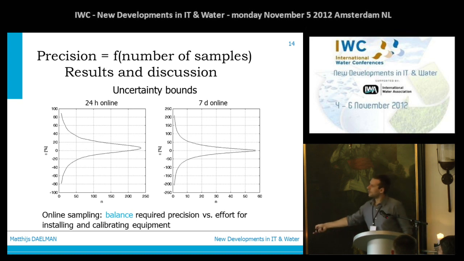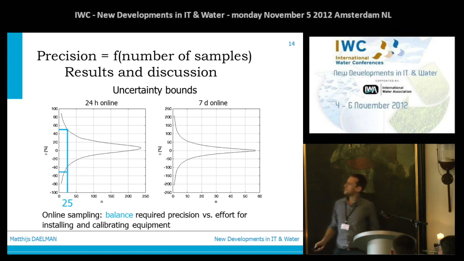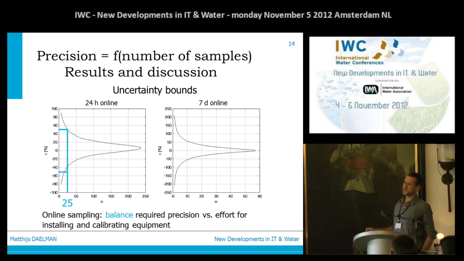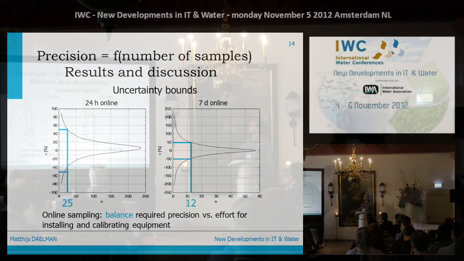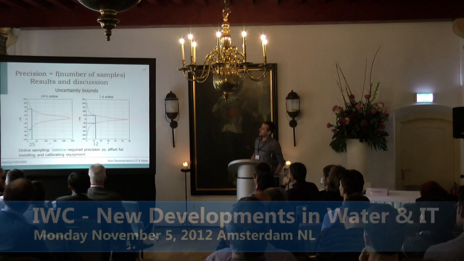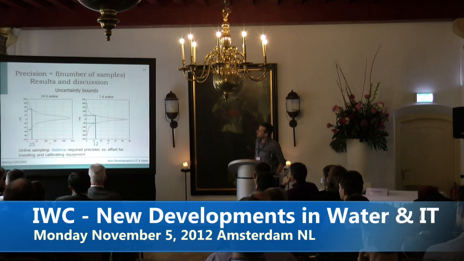And if you want to obtain a relative error that's, in 95% of the cases, less than 50%, then you have to go out and use 25 days of online sampling. If you want to have this for the 7-day online period, then you need in fact 12 weeks spread randomly over the year to obtain an error of 50% in 90% of the cases.